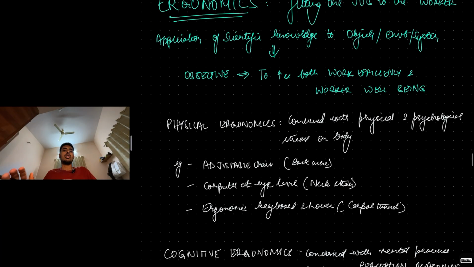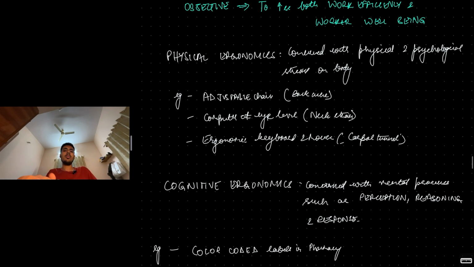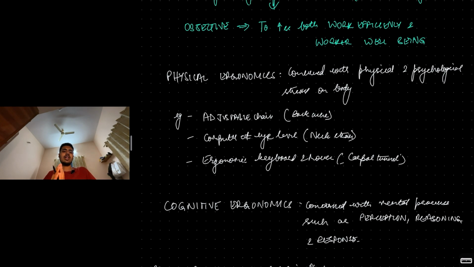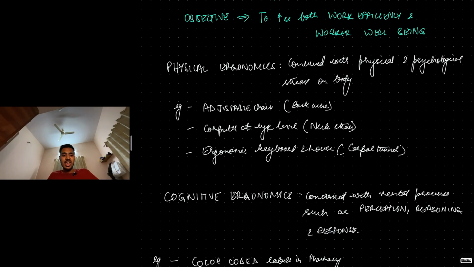So you can broadly classify ergonomics into physical ergonomics, cognitive ergonomics, and organizational ergonomics. Physical ergonomics are concerned with the physical and psychological stresses on the body due to the job. Okay, so examples for improvement in physical ergonomics are adjustable chairs so that they don't get backache.